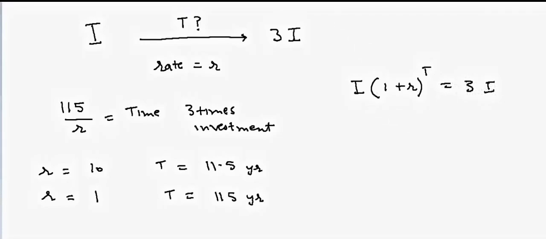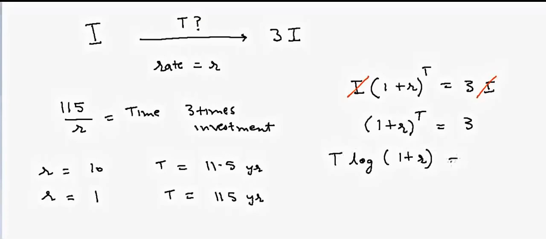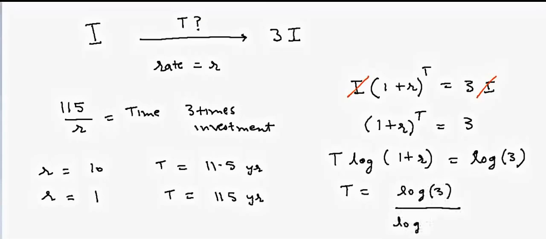In that case, your I will cancel out, and we're left with 1 plus r raised to power t is equal to 3. If we solve this equation, we can take log on both sides. So t times log of 1 plus r is equal to log of 3. So t is equal to log of 3 divided by log of 1 plus r.